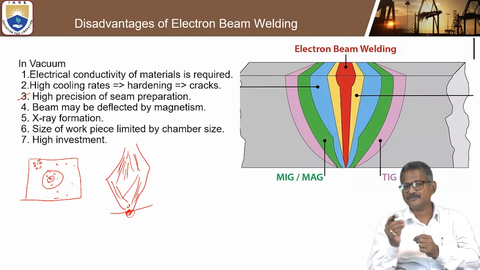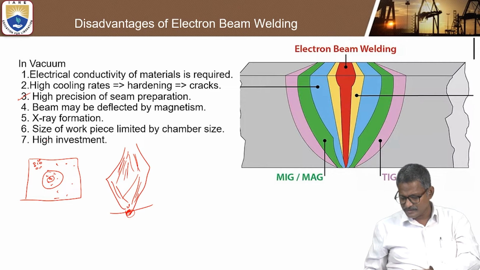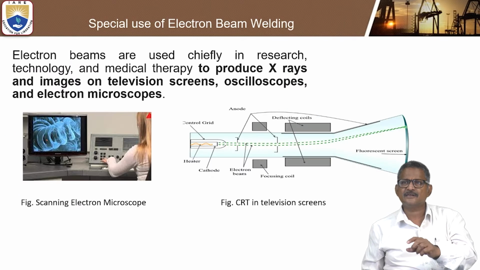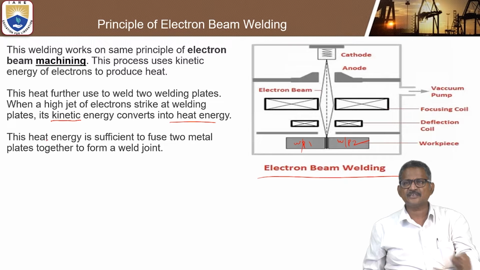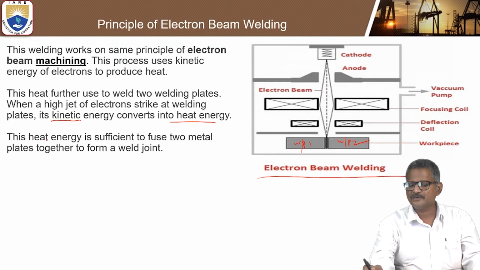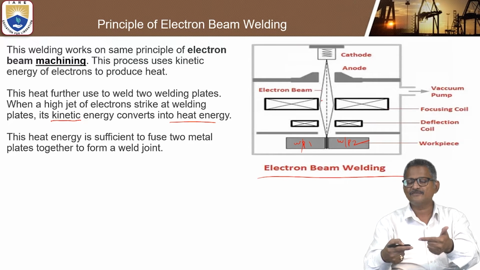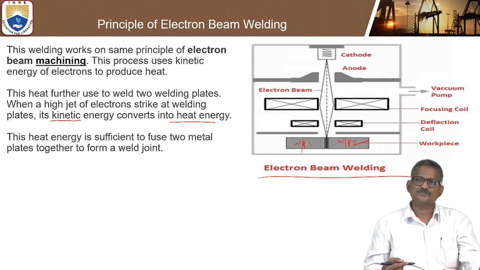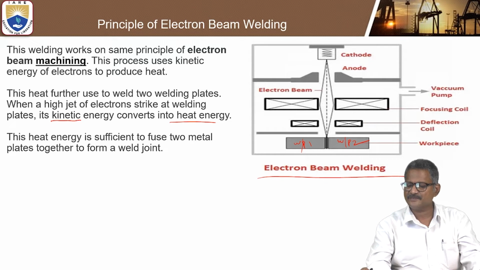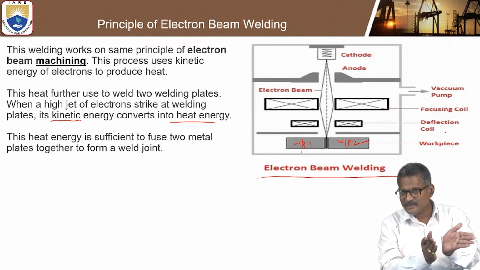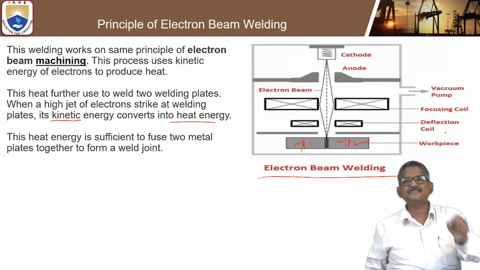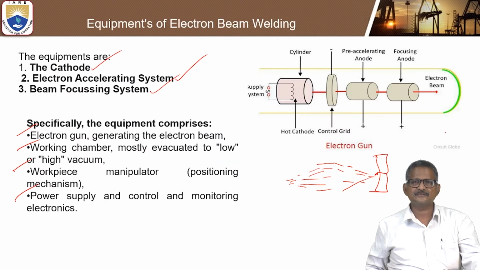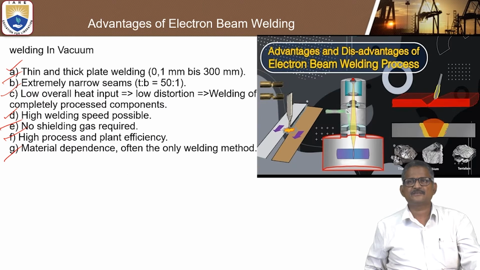That is why deflection coils and focusing coils are used for adjusting the electrons. If you do not have these deflection coils, the beam may become uneven, which leads to variation in the joining. So we should take care when doing that welding.